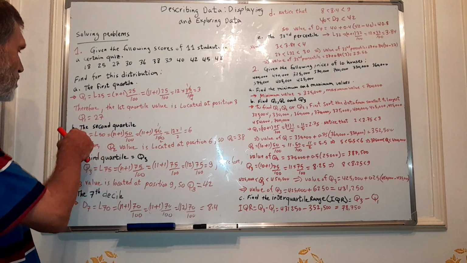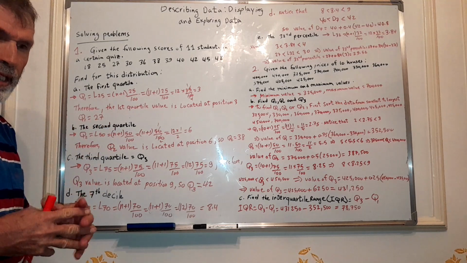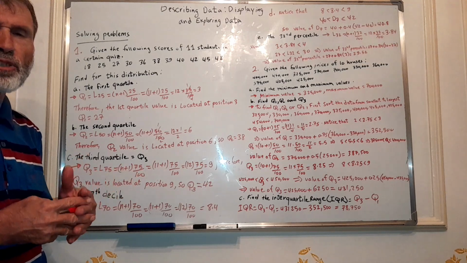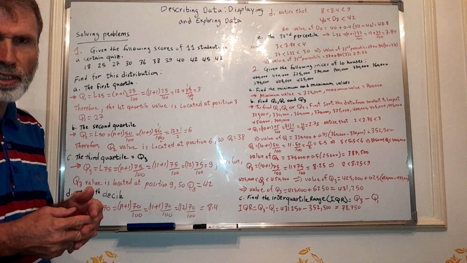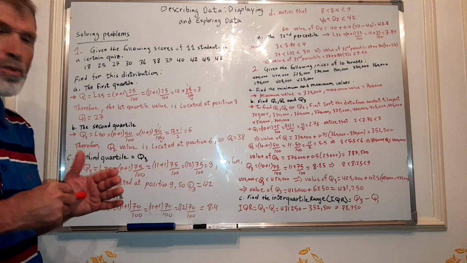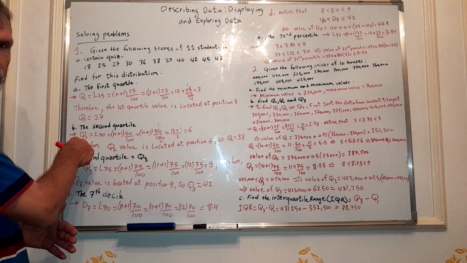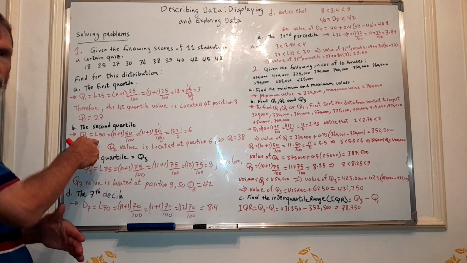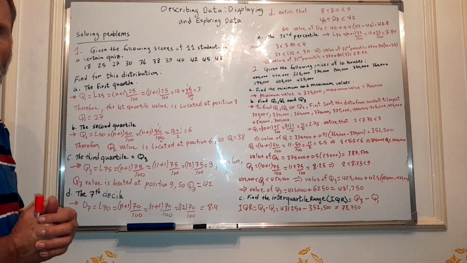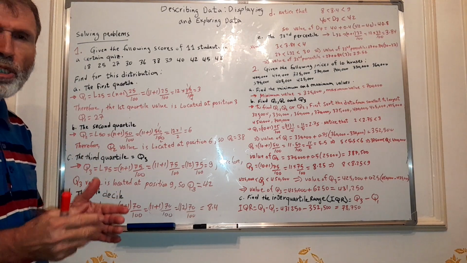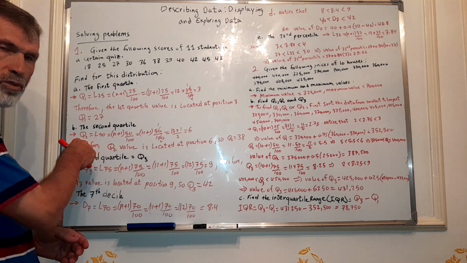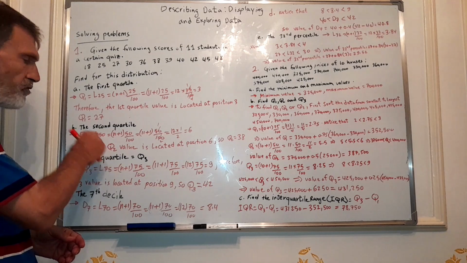Now, find the second quartile. The second quartile is the value below which 50% of the observations occur. So the second quartile is labeled Q2, which is L50, because 50% of the observations occur below it. So Q2 means L50.